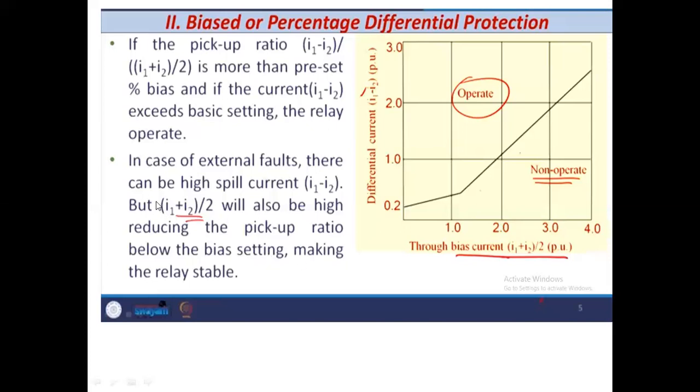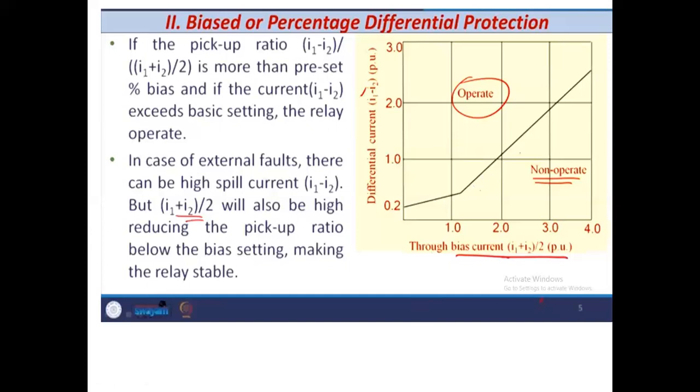This value is the restraining current, and it will again fall down. So now it is always in the blocking region or the non-operating region, so the relay will not operate at all, and the mal-operation of the relay can be avoided.